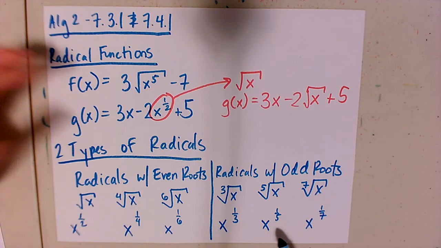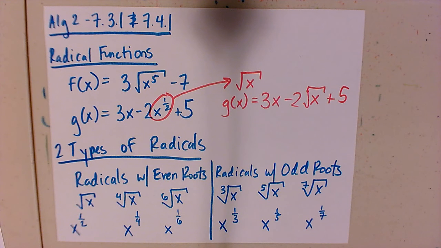And the fact that their root is odd is going to make a difference in how we find their domain. So how you find the domain of a radical function depends on whether your root is even or odd. I'm going to say that again. How you find the domain of a radical function depends on whether your root is even or odd.